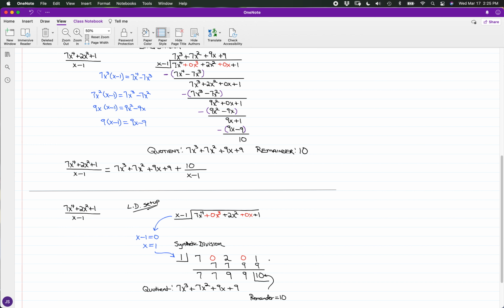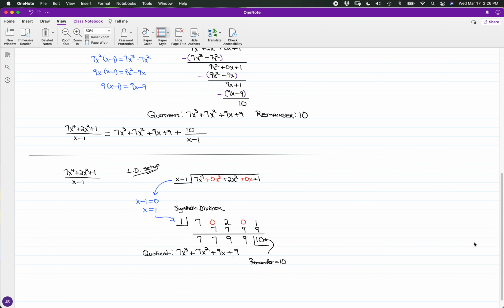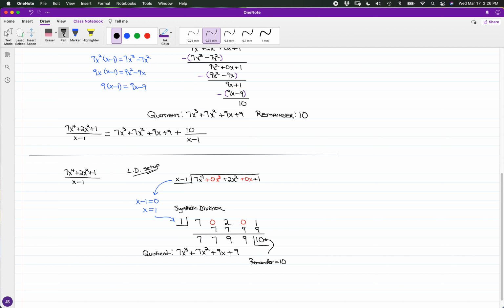Now, there's going to be another case, and I don't think that the authors really stress this quite enough, or maybe I'm just looking at the book in the wrong places. But let's say another case, and we'll look at this solution through synthetic division.